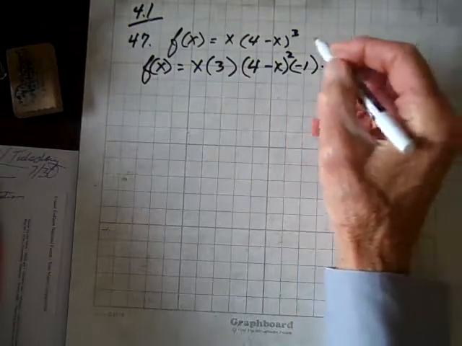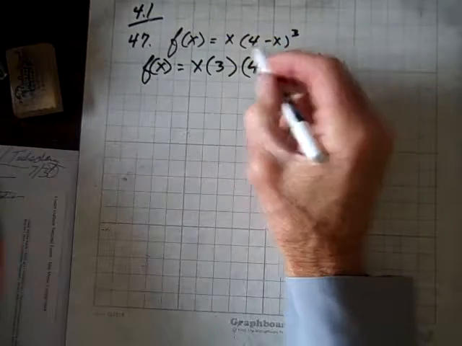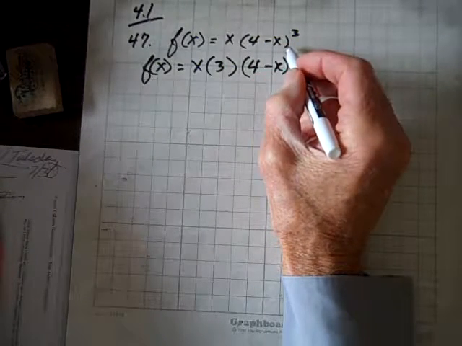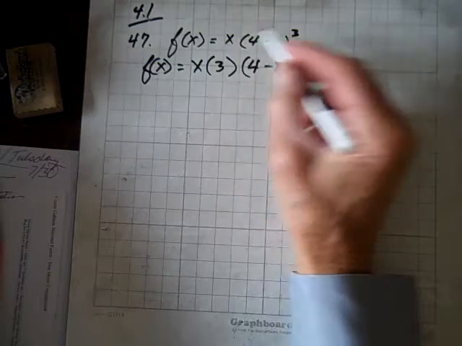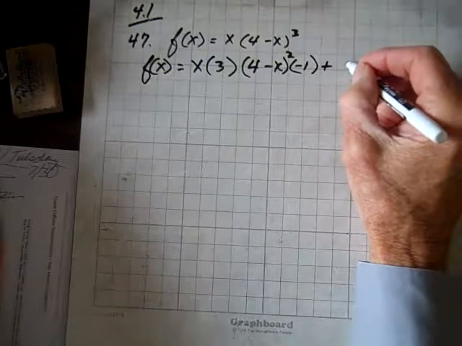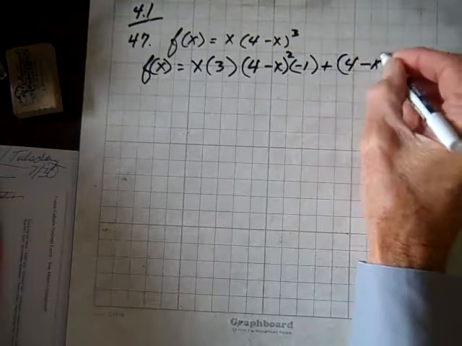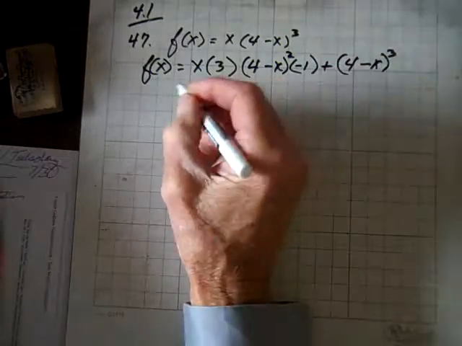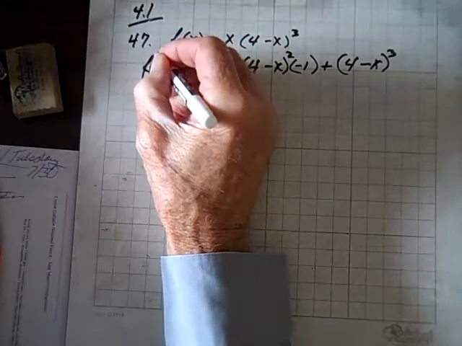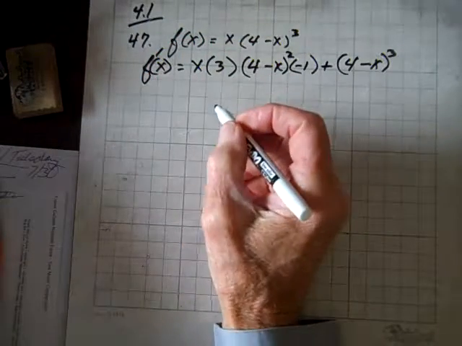Now a plus, and now we'll hold this quantity constant, that factor, and take the derivative of x, which is just 1. So we just get 1 times 4 minus x cubed. And now, by the way, this is f prime of x, I beg your pardon.